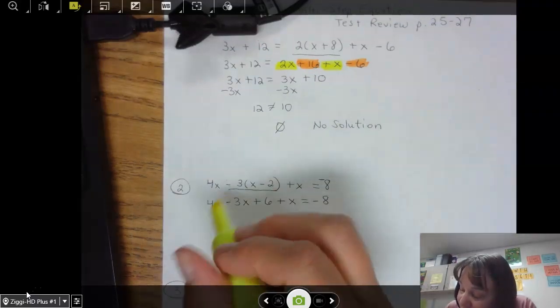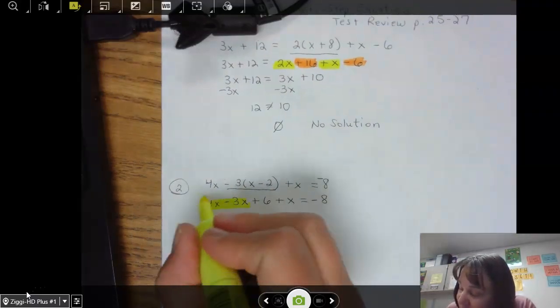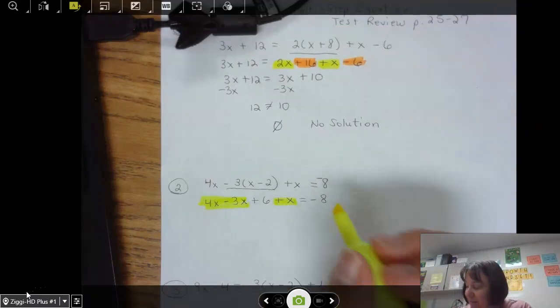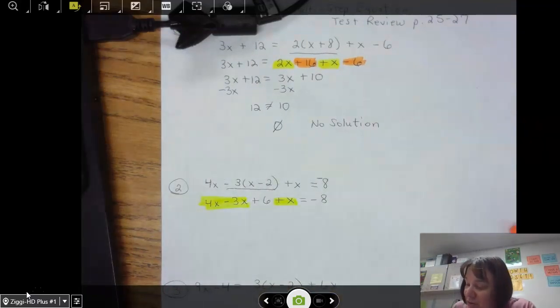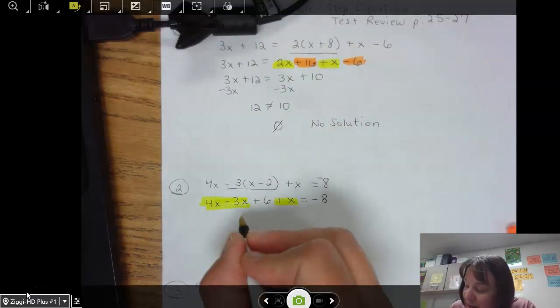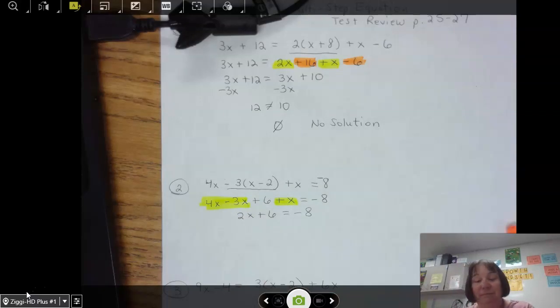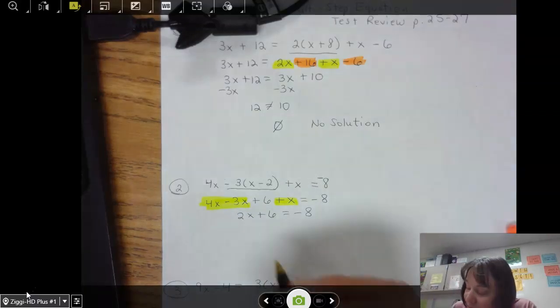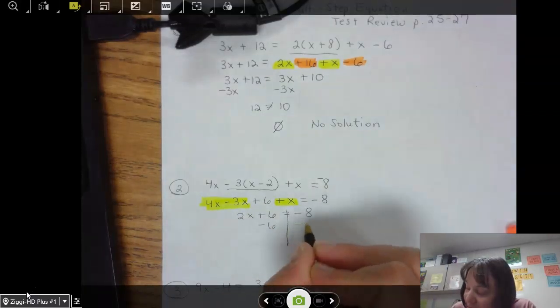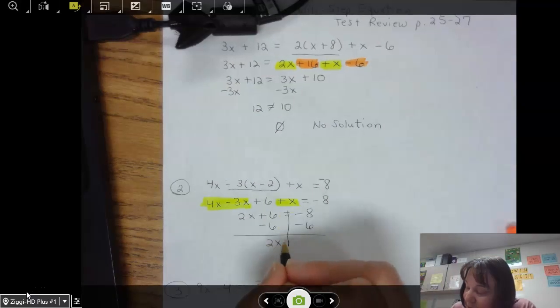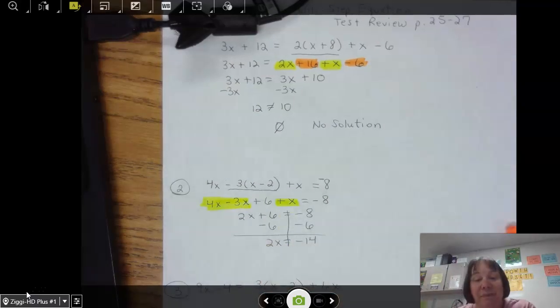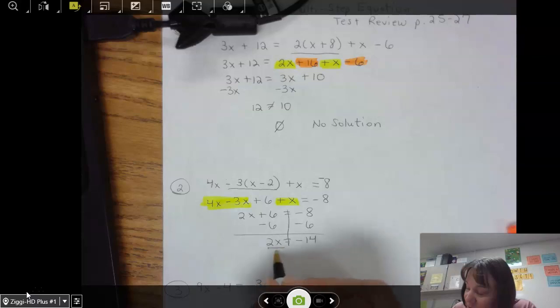I have 4x minus 3x plus an x. So this would be 1x plus 1x would be 2x plus 6 equals negative 8. And then I would subtract 6 on both sides. 2x is negative 14. You would divide by 2, and x equals negative 7.